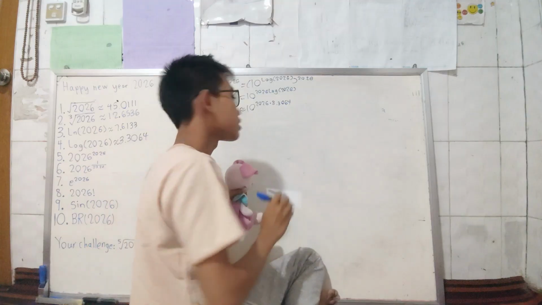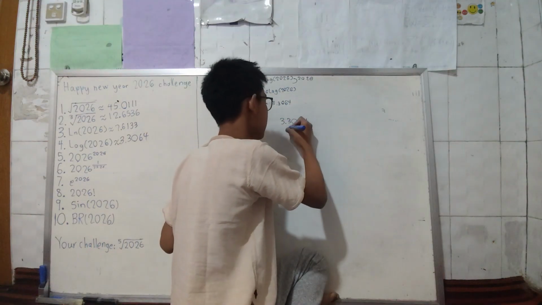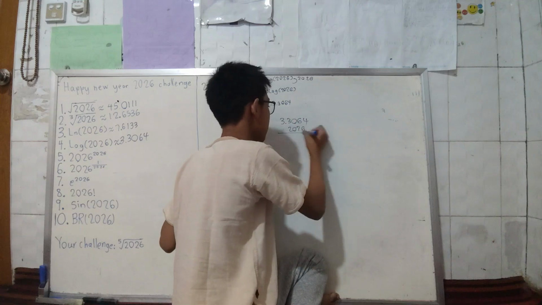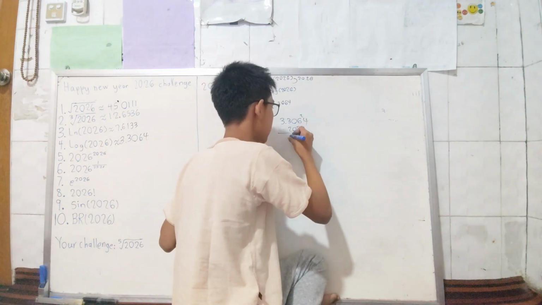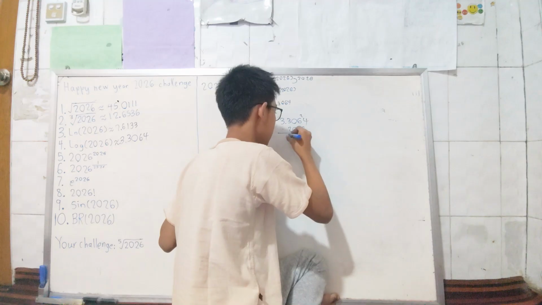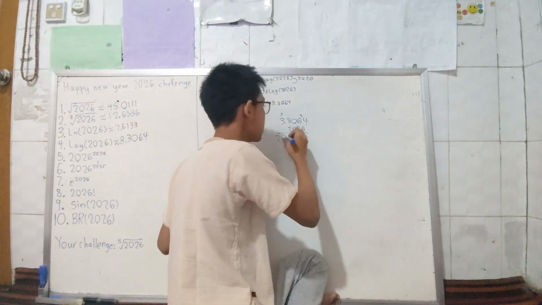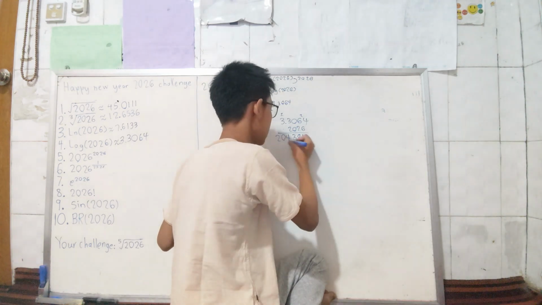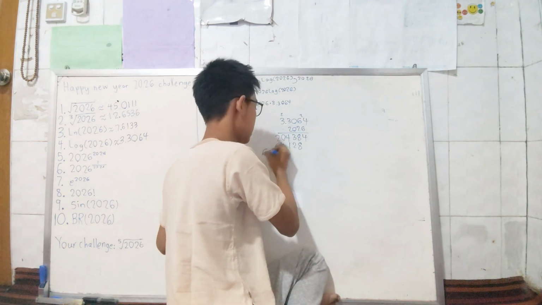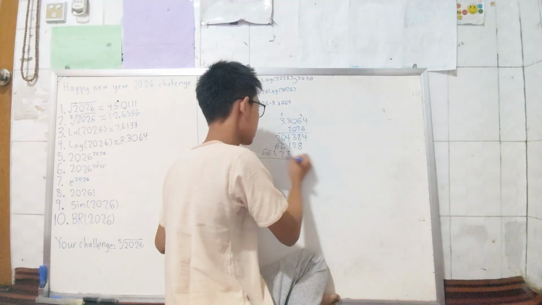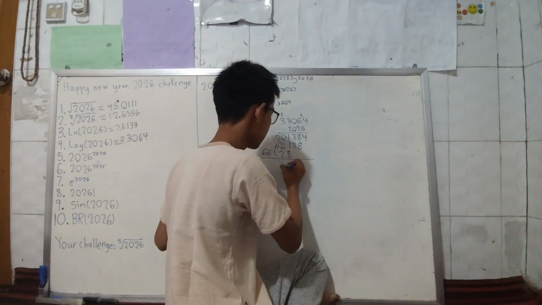So this is going to be 3.3064 times 2026. 6 times 4 is 24. 638. 3 times 6 is 24, and then 3 times 18. That's going to be 20. 8, 12, 6, 6, and that's going to be 6, 6, 1, 2, 8. I'm going to add all of them up.